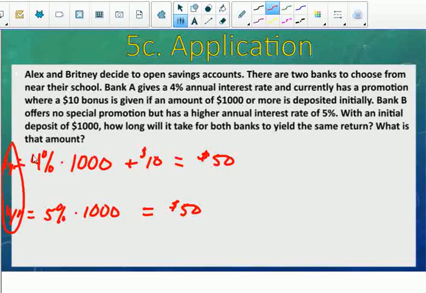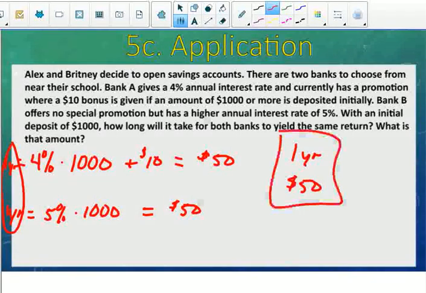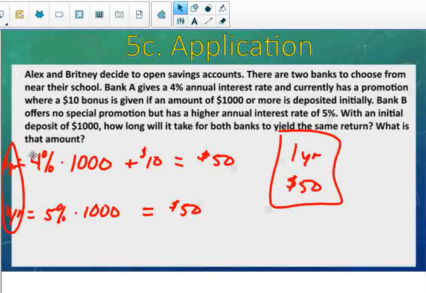So how long will it take for them both to yield the same return? 1 year, and that amount would be $50. So that way we can just use basic math and what we know about how to find percent of a number. So that's our lesson today on solving systems of linear equations by graphing.